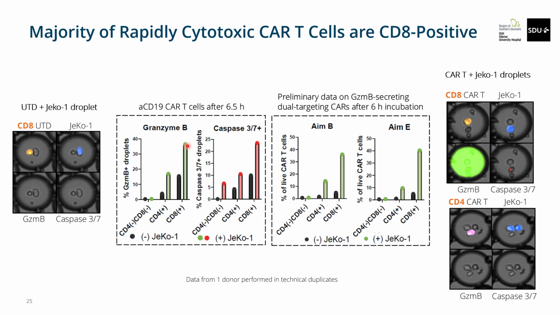They have granzyme B activity, and you can also definitely see that there is caspase 3-7 activity in those co-encapsulated droplets. And this is in contrast to droplets where you don't have any Jaeger cells present. So you're looking at this difference here, really.